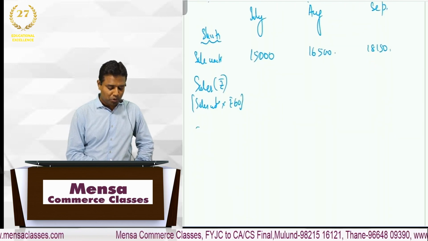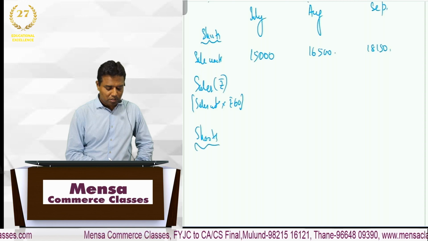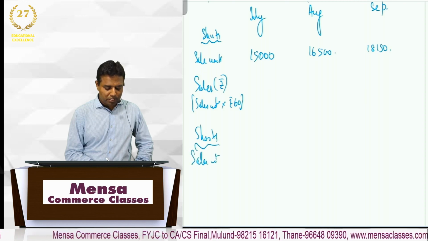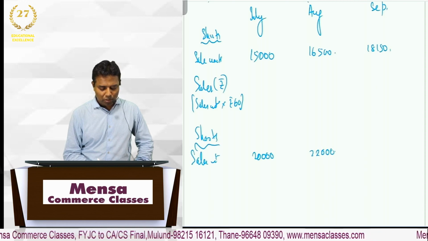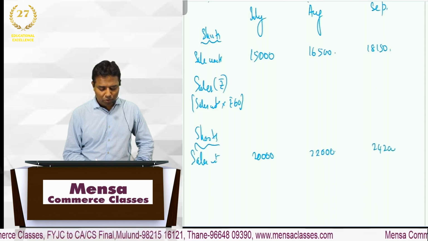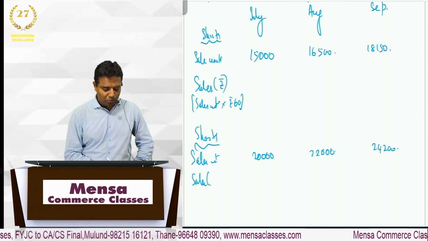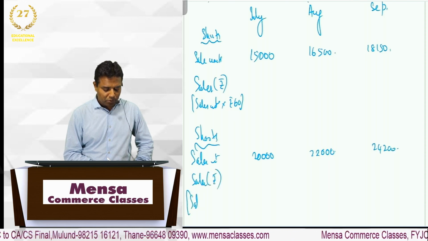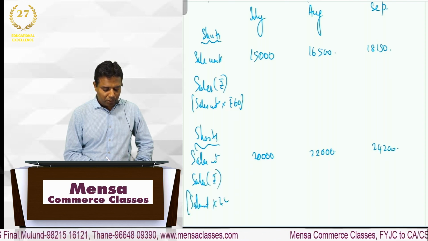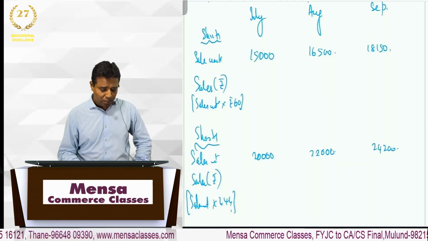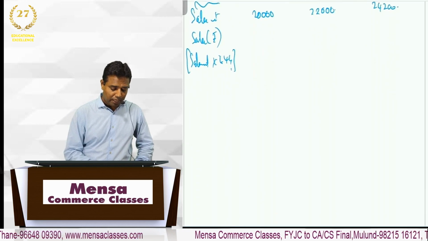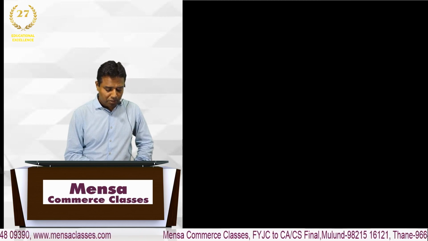Then let's move on to shorts. Shorts, again the sale units, it starts with 20,000, grows by 10%, 22,000, that will become 24,200. Now sales in rupees, that will be sales in units multiplied by rupees 44, you will get the sales value in rupees, right? Then next is we want to get the production budget.